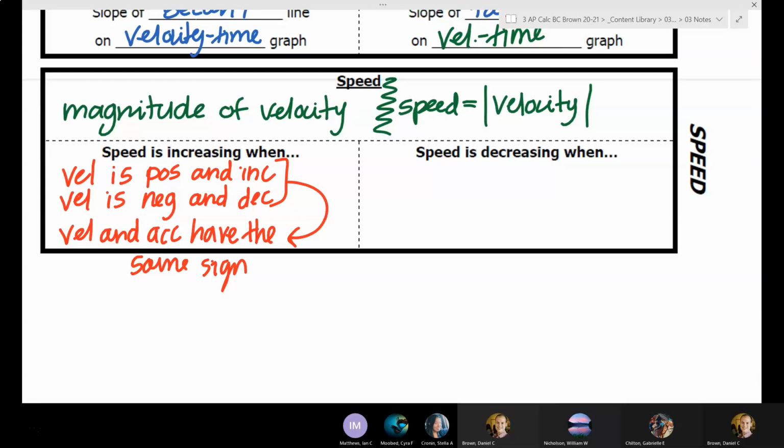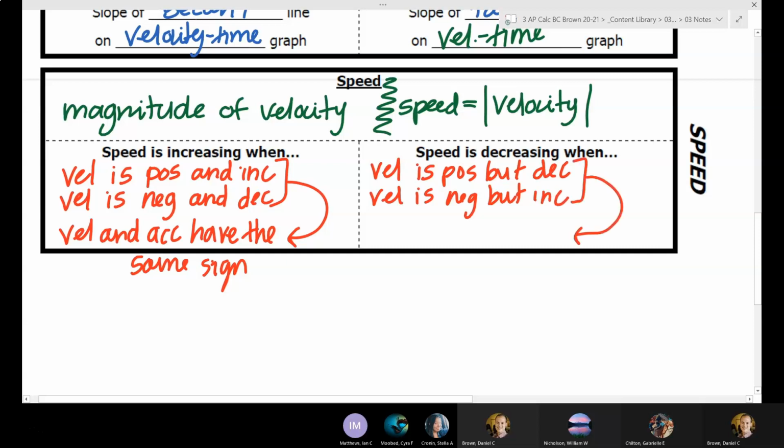And likewise, when is speed decreasing? Speed is decreasing when velocity is positive but decreasing, or when the velocity is negative but increasing, or you can summarize those together as a single statement: when velocity and acceleration have opposite signs.